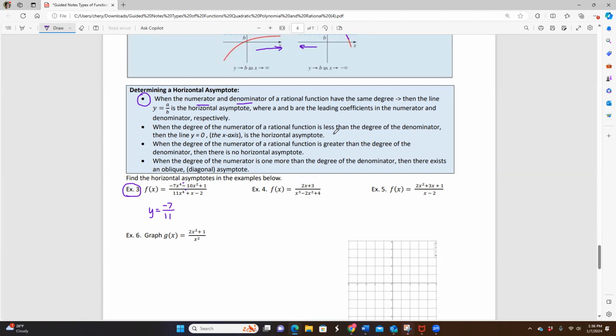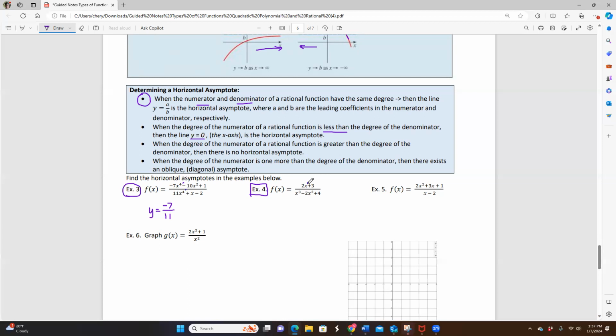Now, if we look at the second criteria, it says when the degree of the numerator of a rational function is less than the degree of the denominator, then the line y equals 0, which is the x-axis, is the horizontal asymptote. Example 4 is an example of that. So here we have in our numerator of the function f of x, 2x plus 3, and in the denominator we have x cubed minus 2x plus 4.